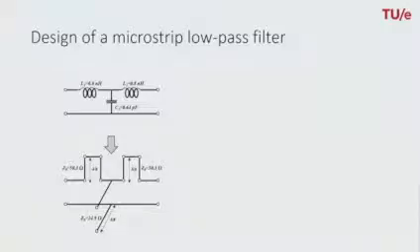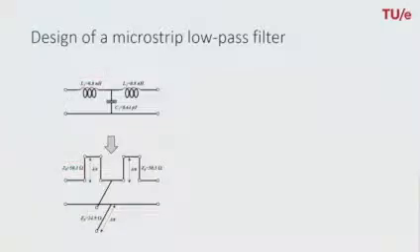The values of the characteristic impedances of the stubs can be easily calculated by inserting the frequency that we're going to use, which is in this case 10 gigahertz, and then we find, for example, that the series stub characteristic impedance should be 50.3 ohm.